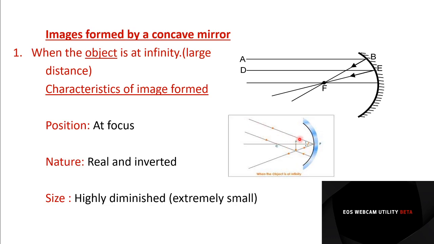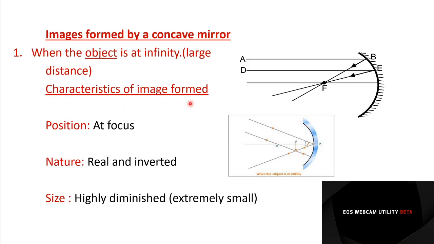And then we take another ray which will be incident at the pole. Okay, so in this case, angle of incidence will be between incident ray and the principal axis. Then because we know angle of incidence is equal to angle of reflection, so we measure this. Then we measure this angle as well. Then we get the reflected ray. The point of intersection of these 2 rays will be the point where we will be getting the image, and this image will also come at focus.